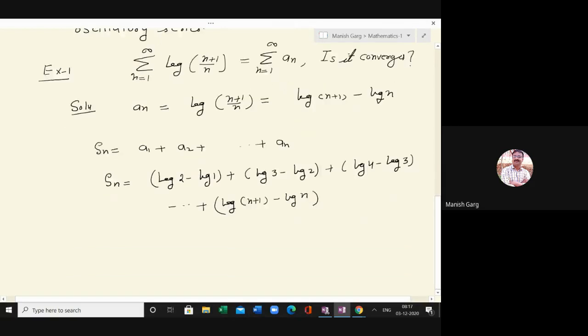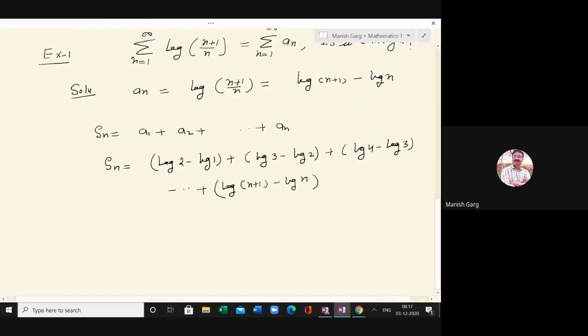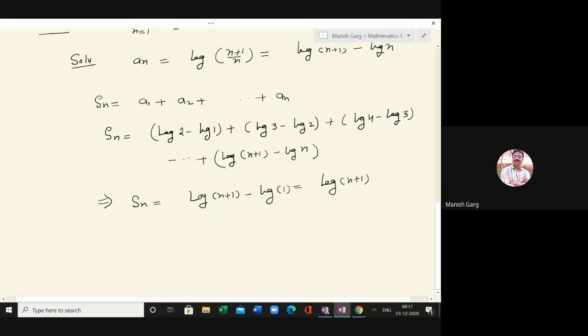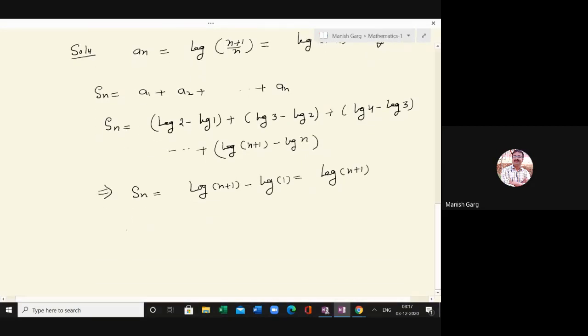Here you can see these cancel out. Log 2 is cancelled here, log 3 is here, so log n will be cancelled out. So Sn will be log (n plus 1) minus log 1. Log 1 is 0, so Sn is equal to log (n plus 1).